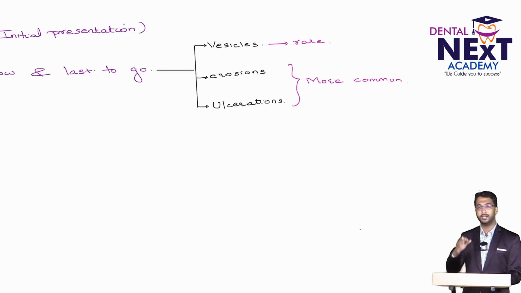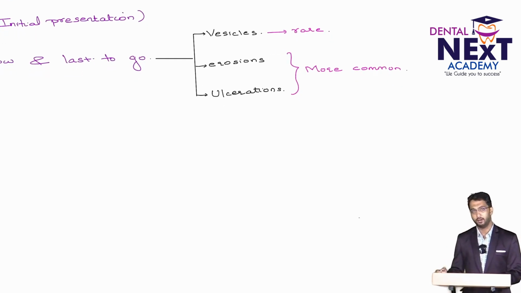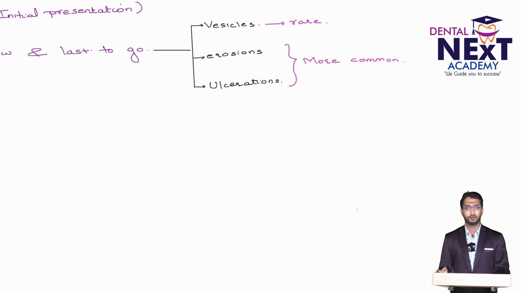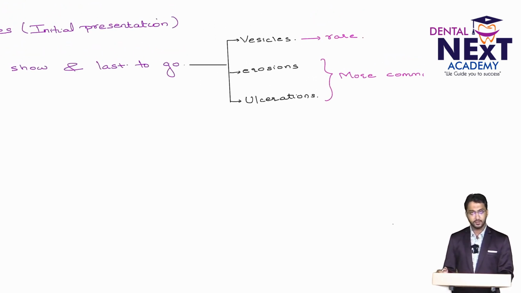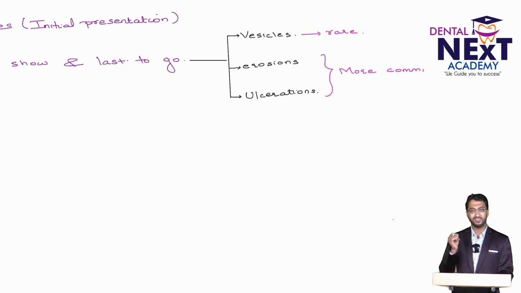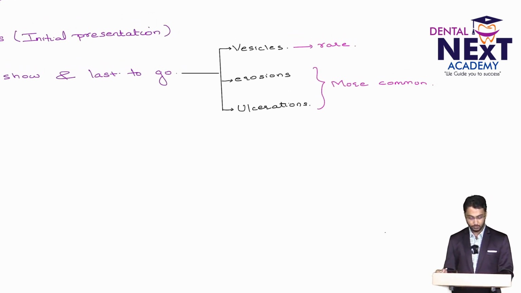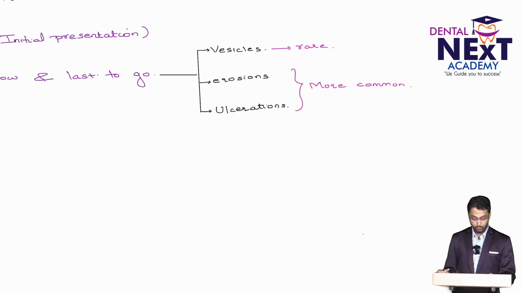So pemphigus vulgaris is one thing you have to be very aware of when a patient presents to you with ulcers and erosions, deep ulcers and erosions, not the typical one ulcer here and there. I'll show you the images out there. So vesicles, erosions and ulcerations: that's the oral mucosa findings.